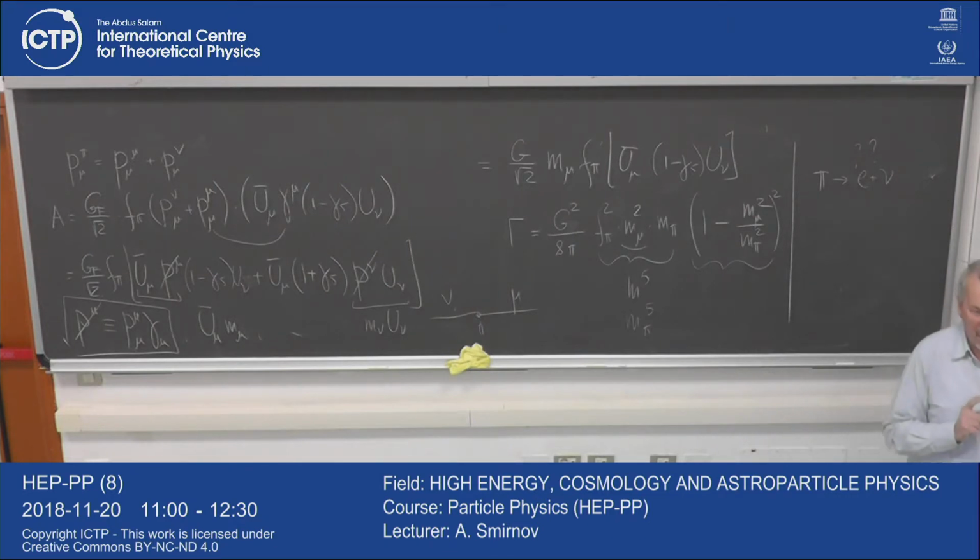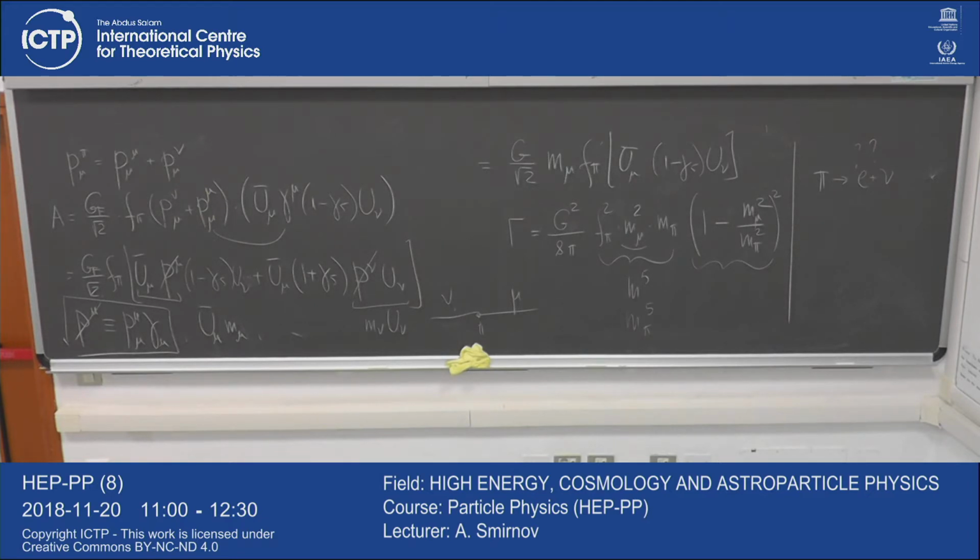Of course, in the case of the electron, you will have much more phase space. You have more energy release, right, and kinetic energy, because the electron mass is much smaller than the muon mass. So naively, you would say, okay, that should be an even more probable decay, which is not the case.